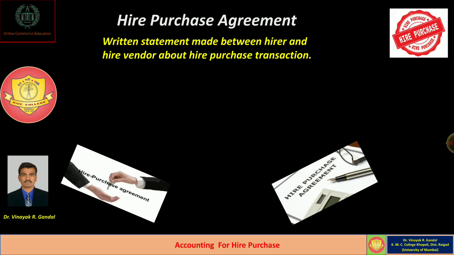A person who acquires an article or goods under hire purchase is known as hire purchaser or hirer, and the owner who gives his article or goods on hire purchase is known as hire vendor, or popularly the vendor.